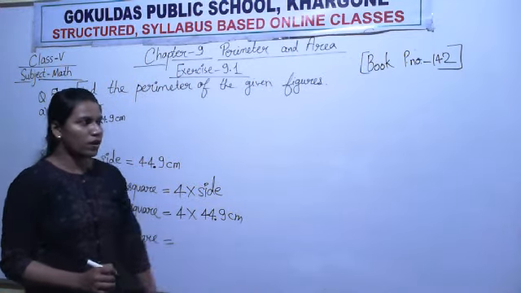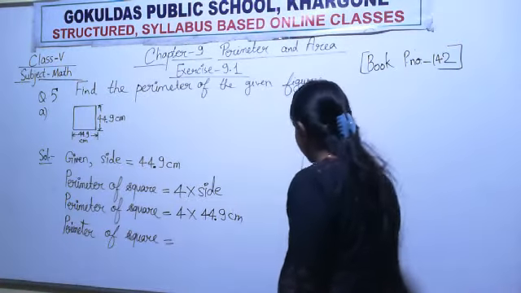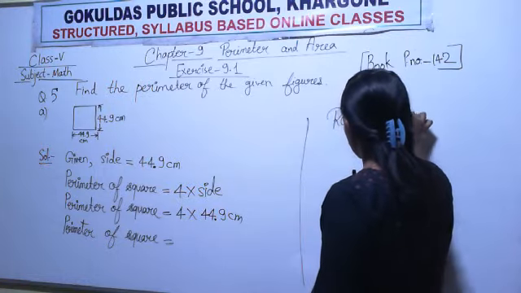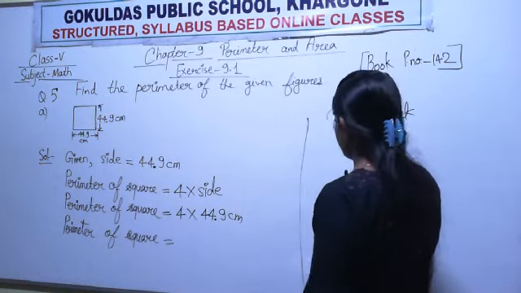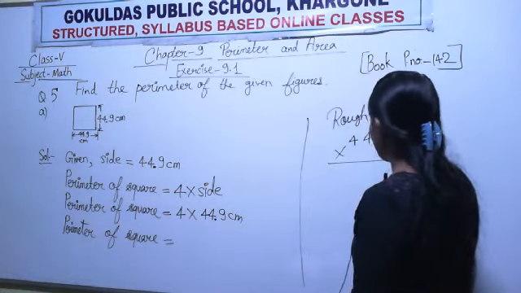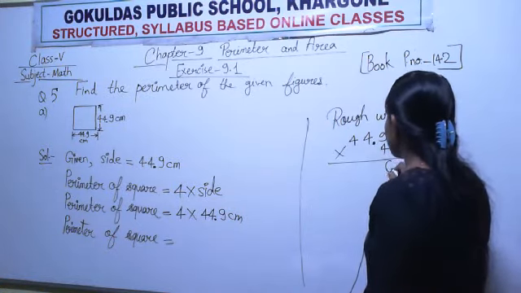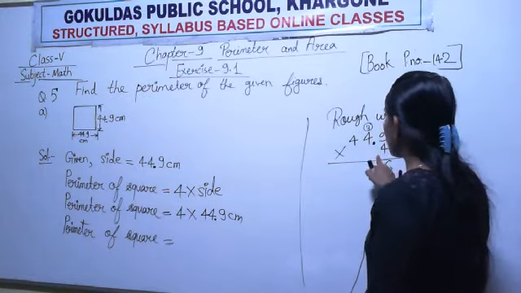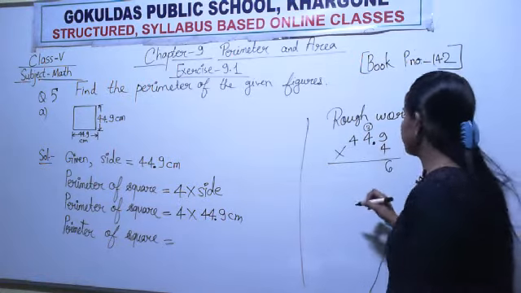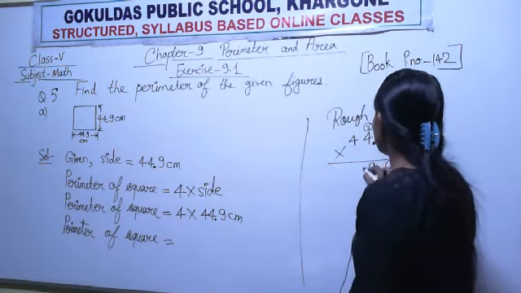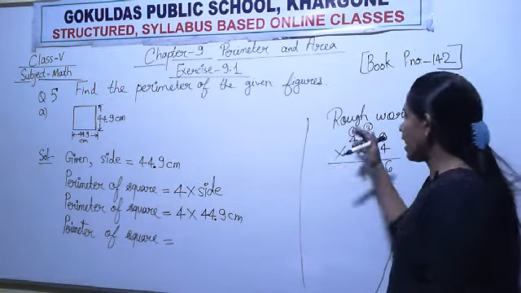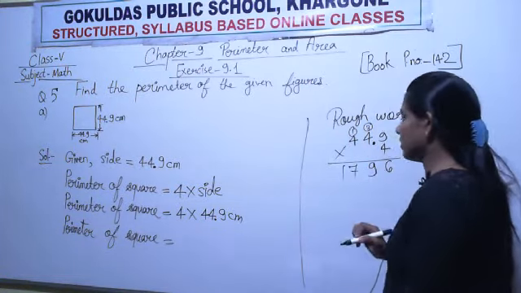Arrange both the numbers column wise in rough work. In rough work we can arrange both the numbers column wise and multiply them. 4 9s are 36, 6 here, 3 carry forward, 4 4s are 16, 16 plus 3 19, so 9 here, 1 carry forward, 4 4s are 16 and 1 17, right?